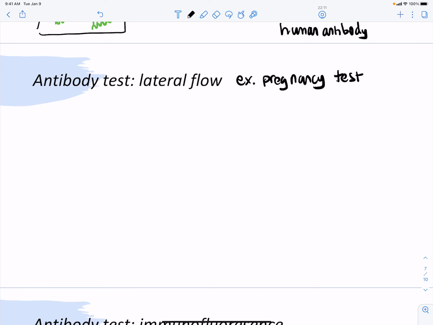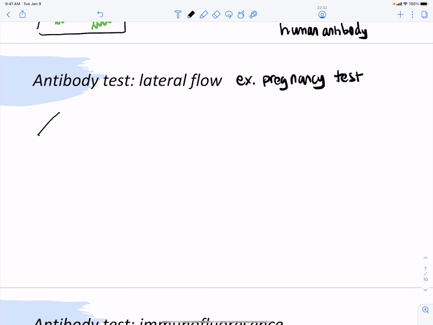And so the pregnancy test, for example, is going to confirm whether or not in the urine of a potentially pregnant woman there's the presence or absence of human chorionic gonadotropin hormone. So that is what the pregnancy test is testing for. And so basically you can think of it as a slide approach, even though you don't see any of this.